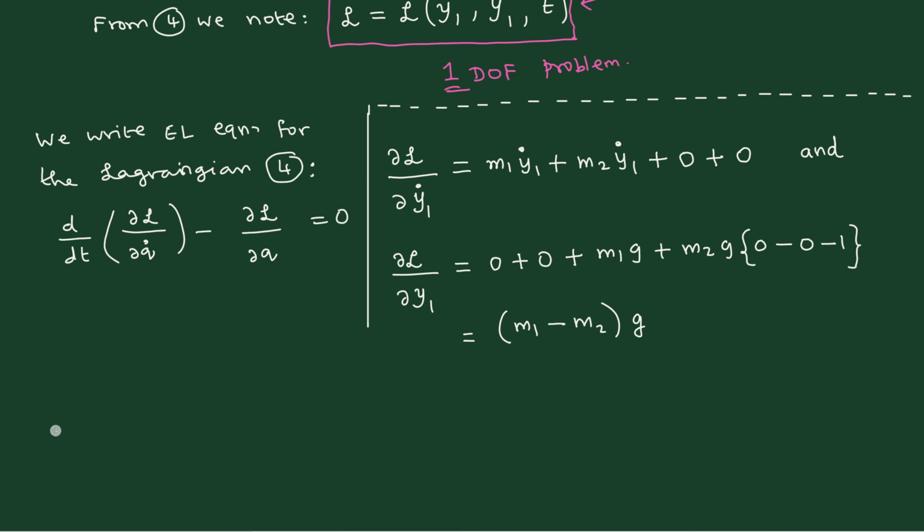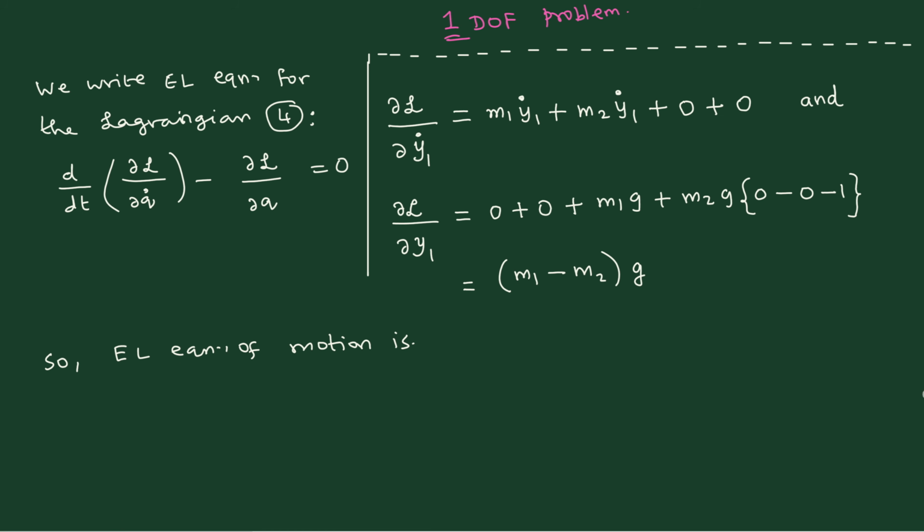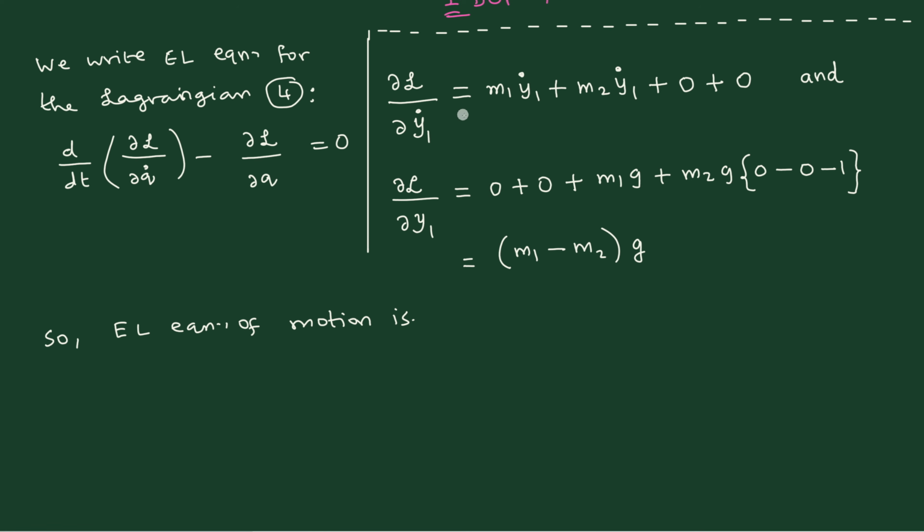So the Euler-Lagrange equation of motion is, now what are we going to see? You understand now. We have to perform a time derivative of this first equation, ∂L/∂y1 dot.